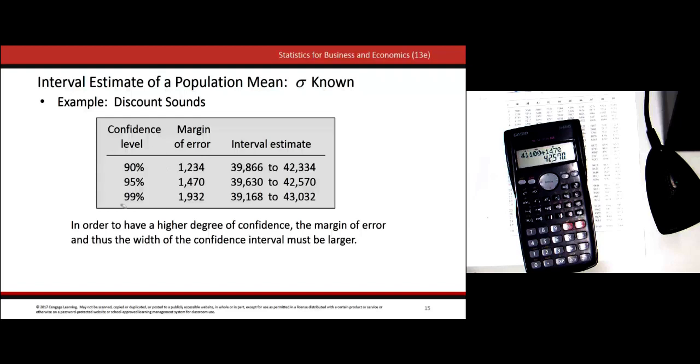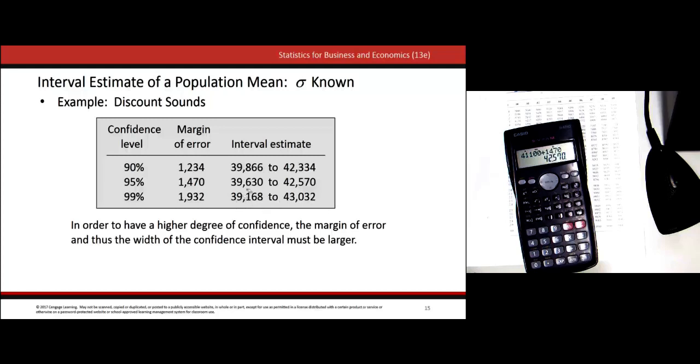So the question is, we obtained the 95% interval. Now we are 95% confident that the interval includes the population mean. But we could have obtained the 99% confidence interval, where now we would be 99% confident that the interval includes the population mean.